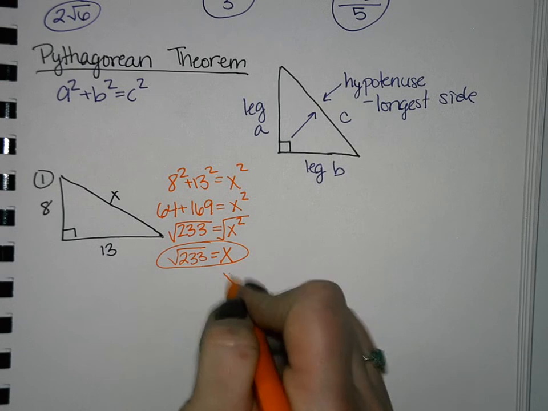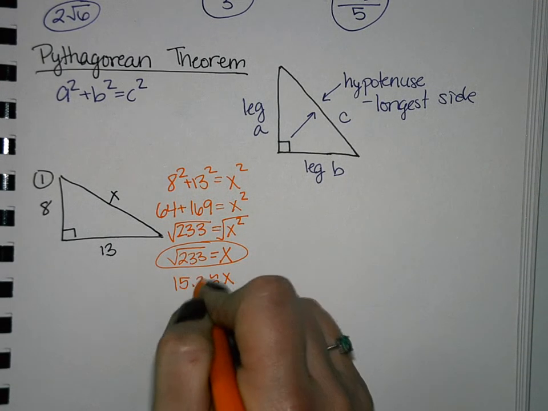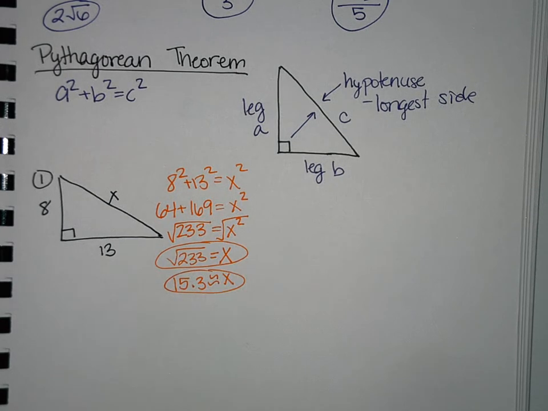If it says decimal form to the nearest tenth, then you can punch it into your calculator and you would get about 15.3. So reading the directions is going to tell you how to give your answer, whether it's a decimal or a radical. So please read the directions. Okay, so this is the first way that you're using the Pythagorean theorem, just to solve for a missing side. Any questions on that?